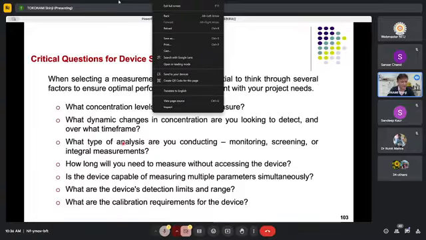What type of analysis are you conducting? Monitoring, screening, or integral measurements? How long will you need to measure without accessing the device? Is the device capable of measuring multiple parameters simultaneously? What are the device's detection limits and range? What are the calibration requirements for the device?